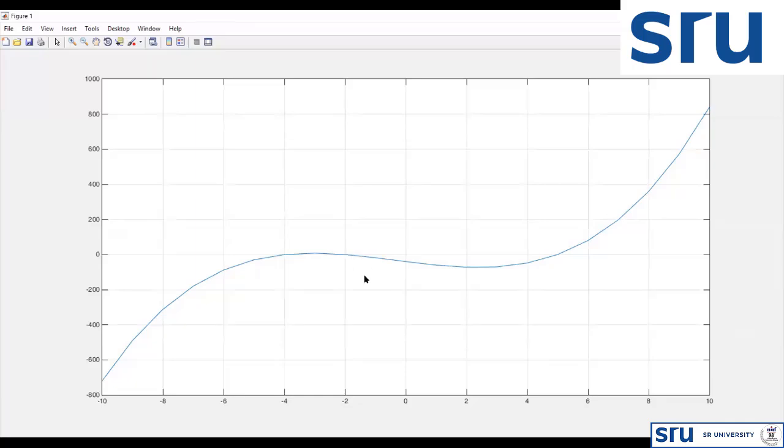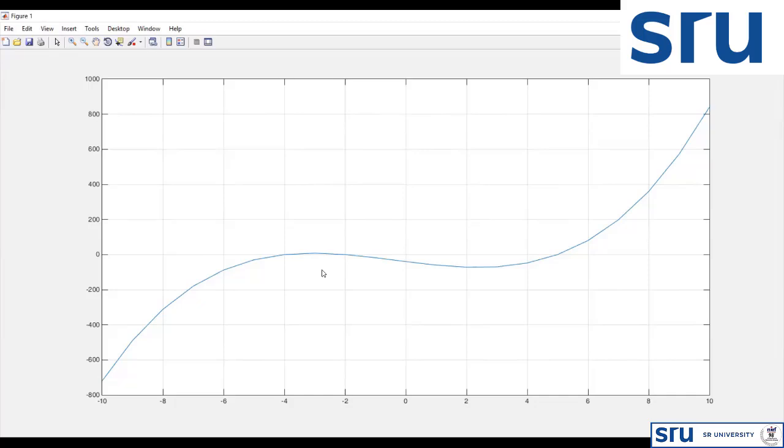Now you tell me, what can be the roots? Anyone? See the graph and try to see where the cutting points are. Not exact roots. Minus 3 and 5, yes.